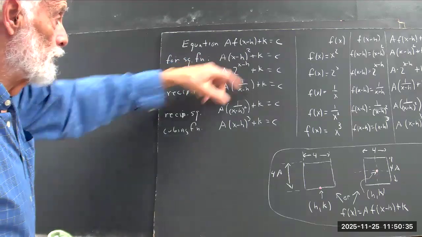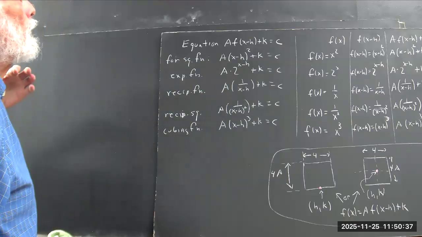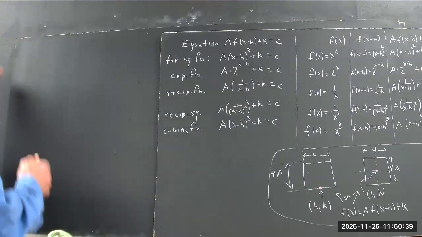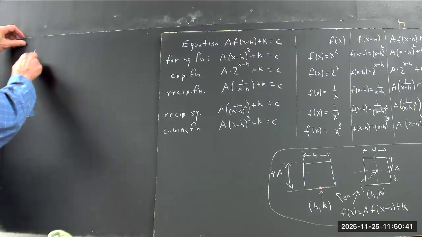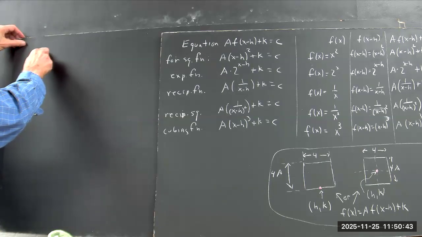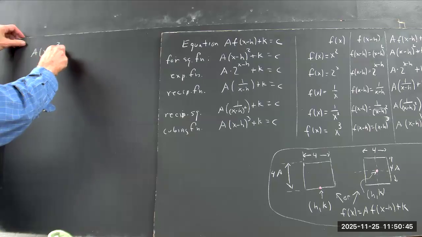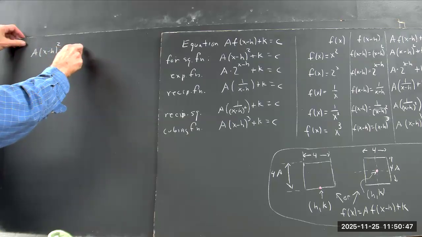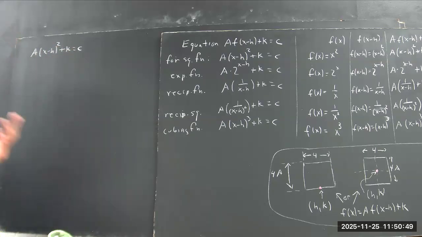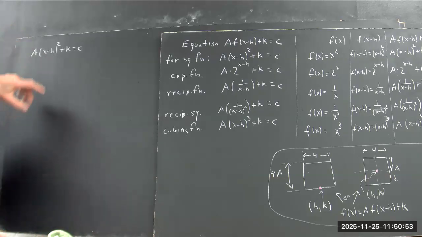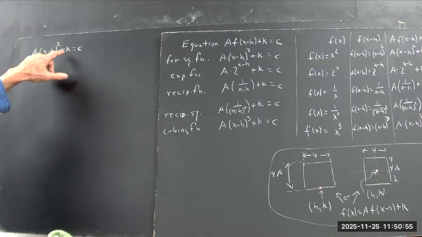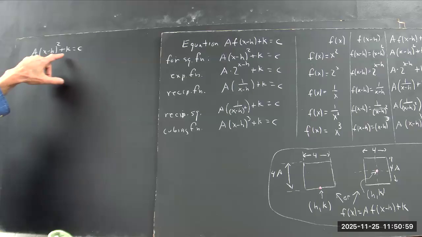The equation A times x minus h squared plus k equals c is always solved by first getting rid of the k on this side. Remember, we're trying to isolate x.